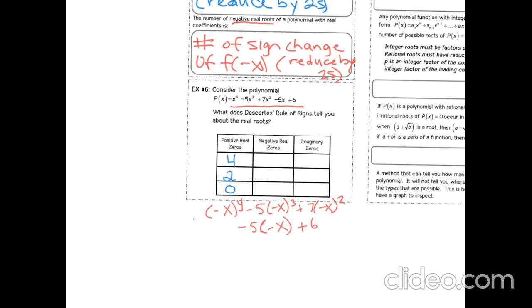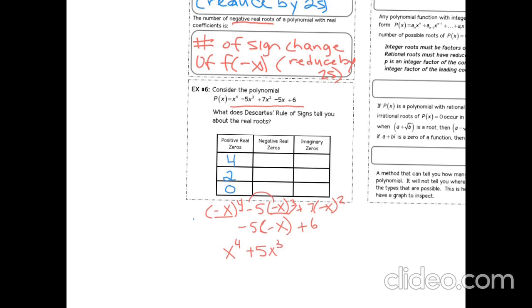Anything with an even exponent is just going to go back to what it was because the negatives are going to cancel each other out when I multiply. So it's going to become x to the 4th. This one right here, negative x to the 3rd, becomes negative, and now I have a negative times a negative. That's positive 5x to the 3rd.